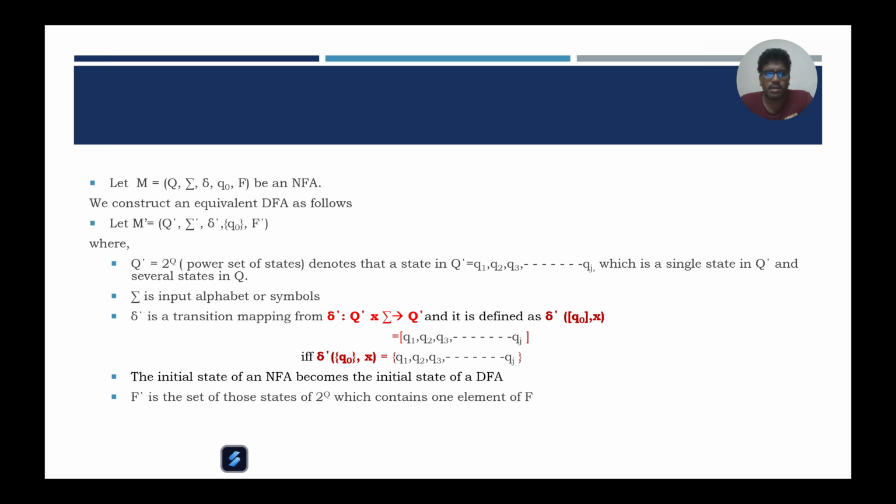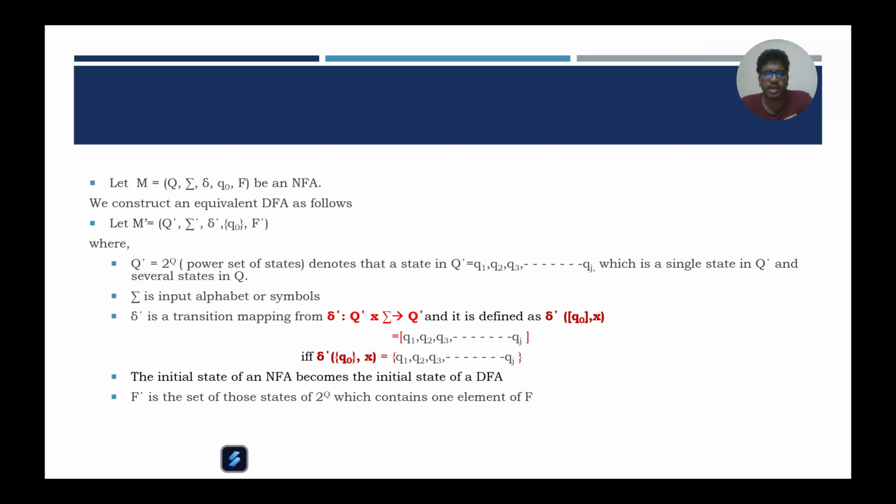In that, we have the five-tuple Q', Σ', δ', q0, and F', where Q' is equal to 2 power Q, that is, the power set of states.